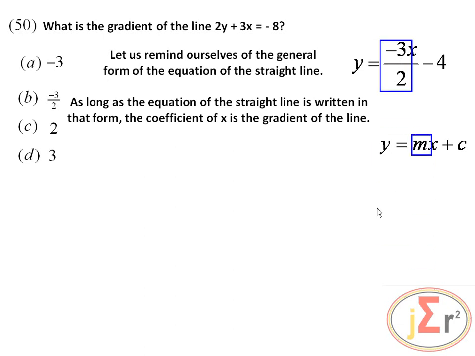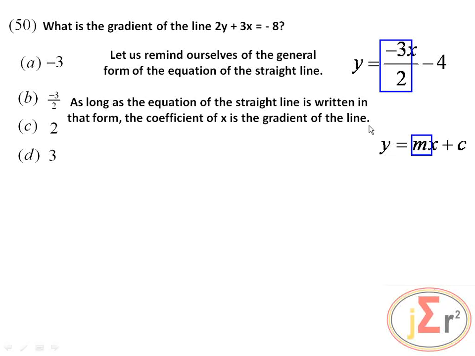The coefficient of x on this occasion is negative 3 over 2. A lot of students sometimes, when they have negative 3x over 2, consider the coefficient to be just this negative 3 alone. The answer is there for you. I do not know how they would consider the coefficient to be 2, as we have it right here.